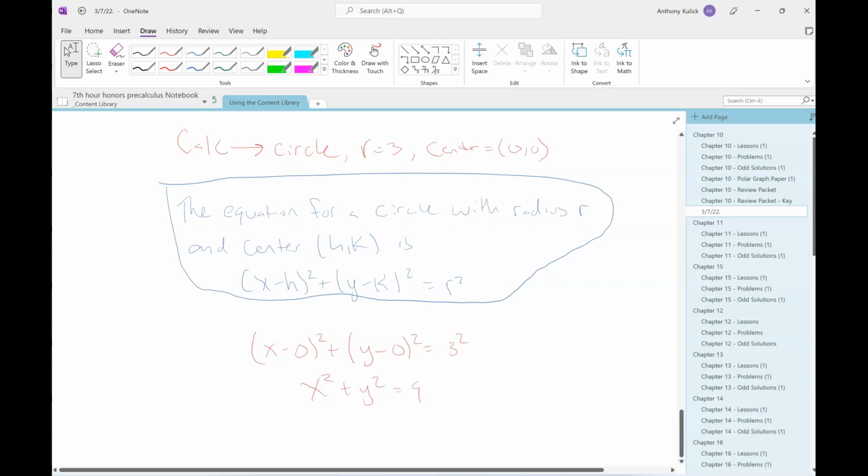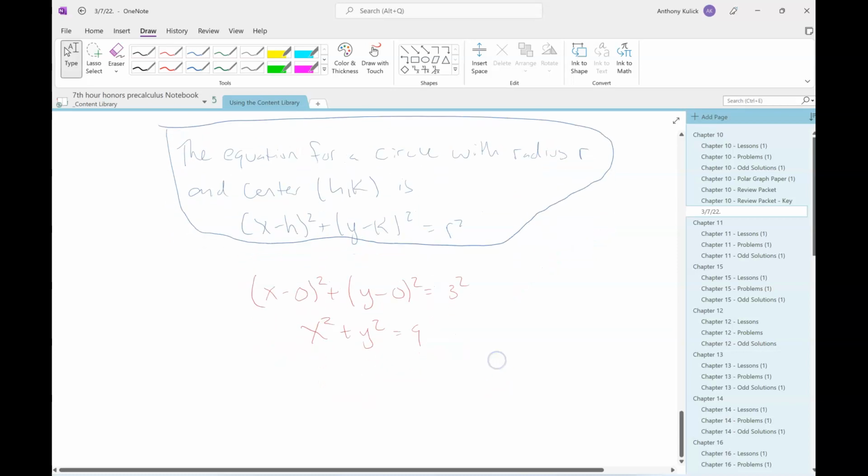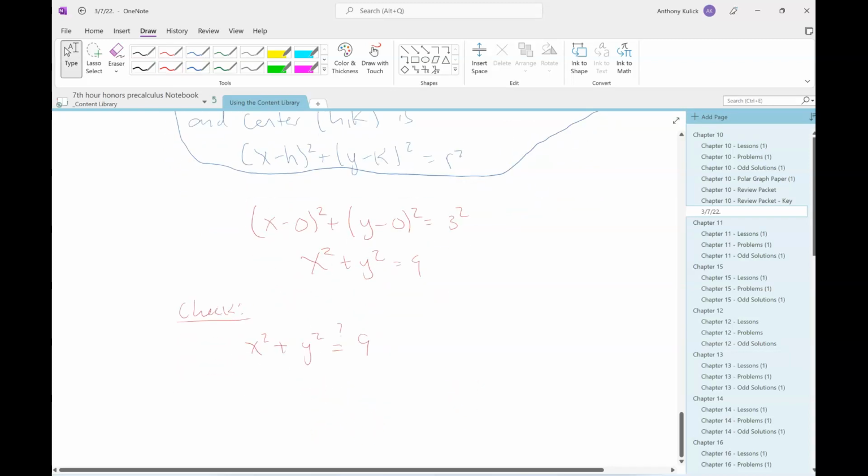Do you think that's sufficient, just looking at the picture and writing down an equation? We should check this to make sure. How do you suppose we're going to do that? Lily?